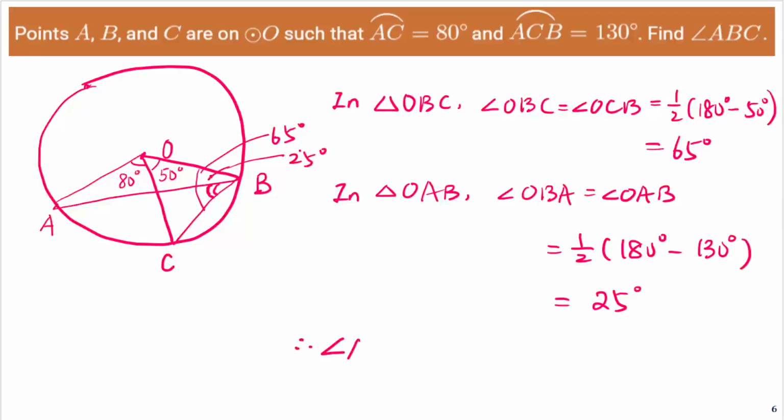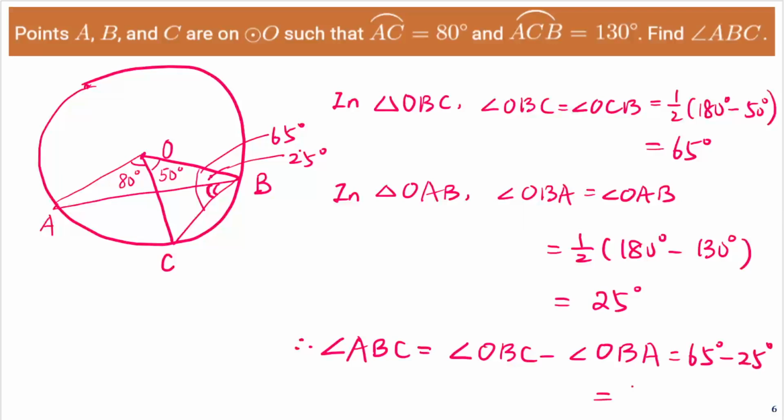Therefore, we know angle ABC equals angle OBC minus angle OBA, which is 65 degrees minus 25 degrees equals 40 degrees, right? So angle ABC equals 40 degrees.